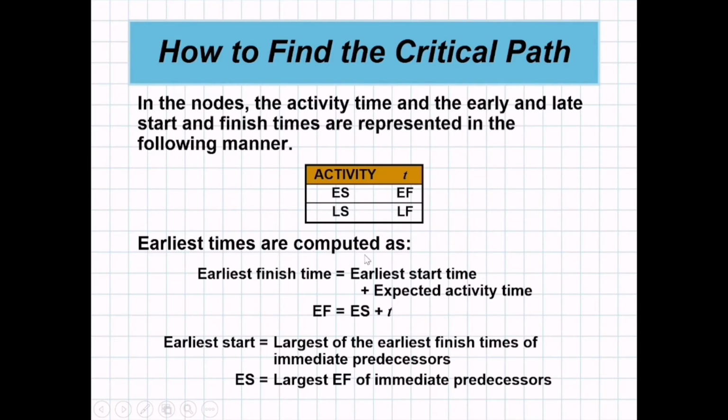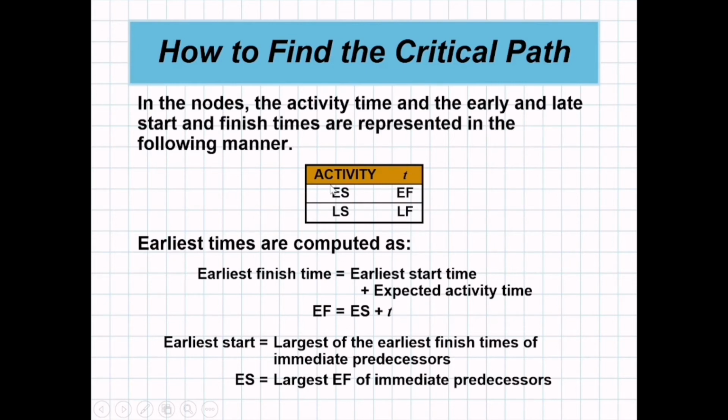Earliest times are computed as: earliest finish time is equal to the earliest start time plus the expected activity time. So you add earliest start plus time. When we compute the EF, we add the earliest start plus time so that we can get the EF. Again, how to get the EF?